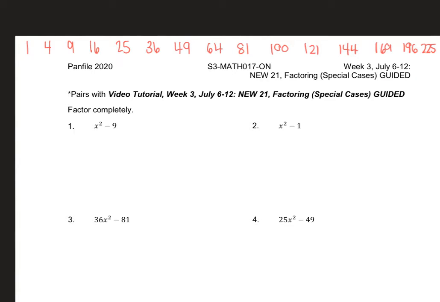But number two, you can generate that list on your own, just by doing 1 times 1 is 1, 2 times 2 is 4, 3 times 3 is 9, 4 times 4 is 16, 5 times 5 is 25, and so on. That goes all the way up. 15 times 15 is 225. So that's usually where we go, just on a memorization base. And that is a good thing to have in your stored bit of knowledge.